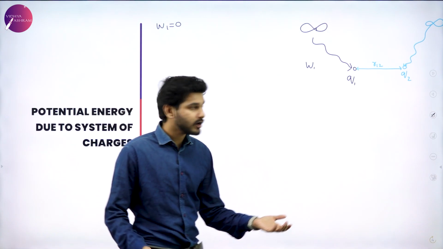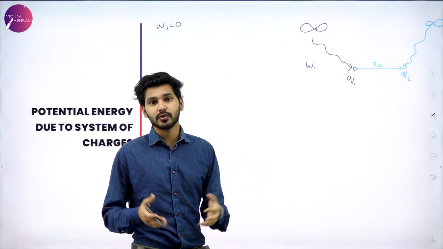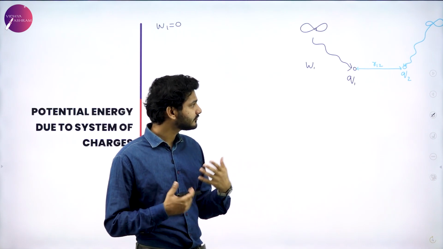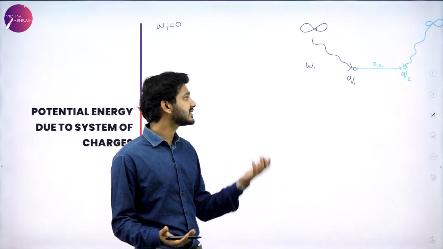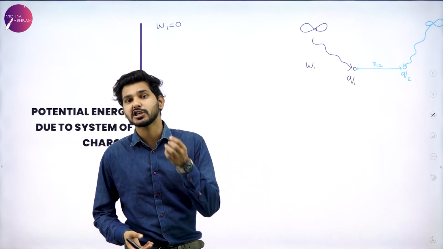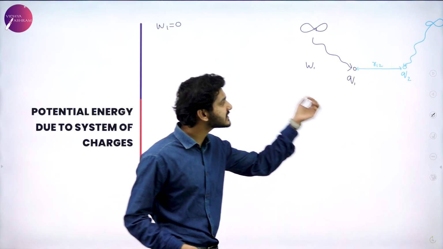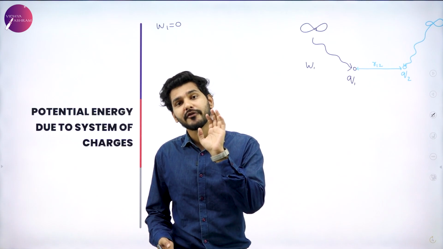No, because at first there was no charge or no field or no force there to repel or pose any difficulties in bringing the charge Q1. But in this particular case, when I'm bringing Q2, there is already a charge existing here which can pose a force against this Q2.